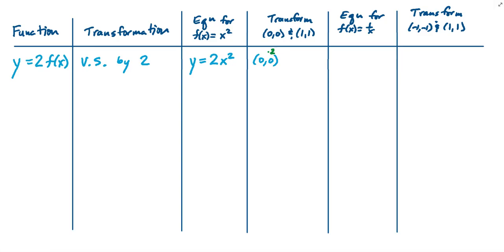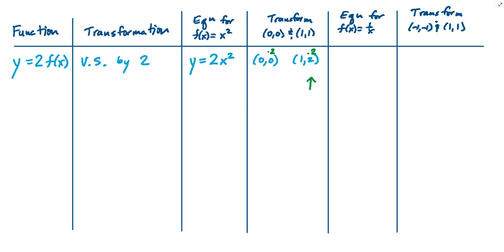What would happen when we transform (1, 1)? Well, we would get (1, 2) because we're multiplying the y coordinate 1 by 2. And so that point would shift up from (1, 1) to (1, 2), which would make the original parabola get steeper. That's the vertical stretch.